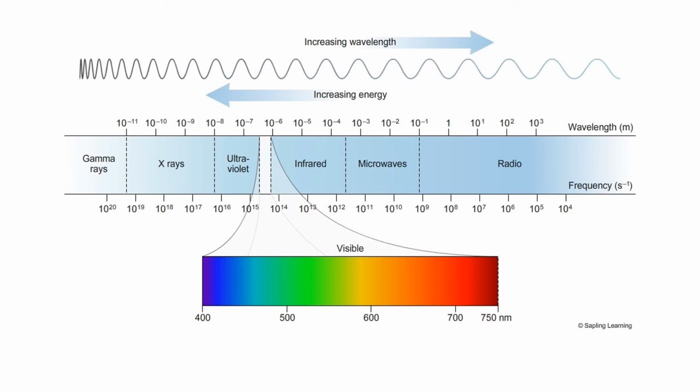So say we go more to the left. We go from yellow, green, blue, violet. We go just a little bit more, we have ultraviolet. That's something where the waves start to become a little bit closer together. That's being produced by the sun, sure. That's something that might give you a sunburn.